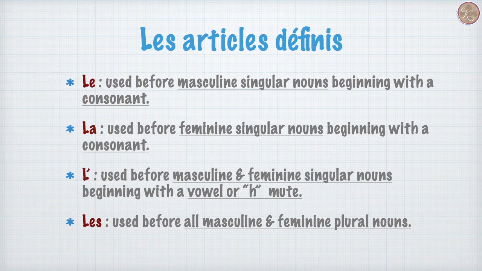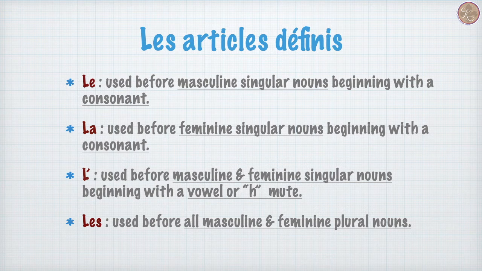And finally, if the nouns are plural, then you have to use les as the definite article, les. So a quick recap. The 4 definite articles are le, la, l'apostrophe, and les. Le is used with masculine singular nouns beginning with a consonant.